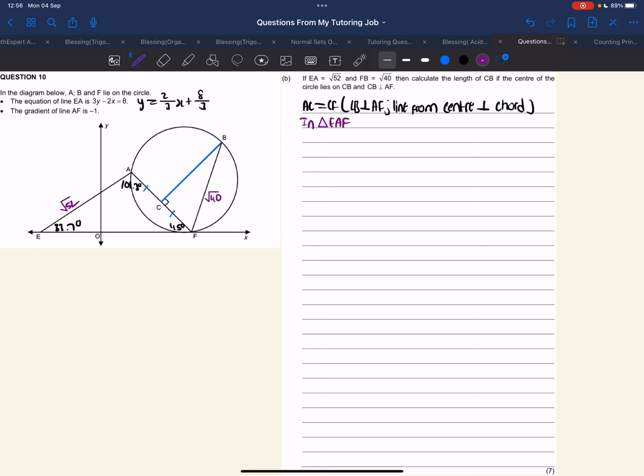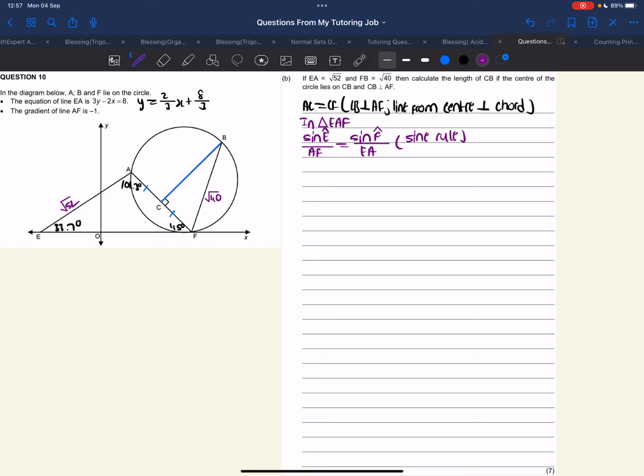So I'm going to say sine of angle E divided by AF is equal to sine of angle F over EA. That is the sine rule.